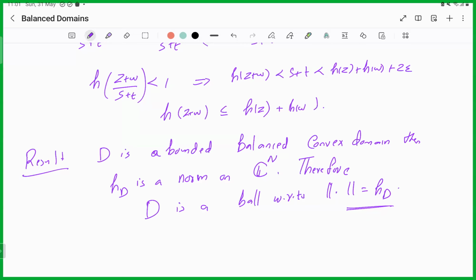If D is balanced, then we can extend this property to topological spaces also. There is something called an absorbing set. You can see this proof in functional analysis textbooks also. Balanced domains are always discussed in functional analysis.